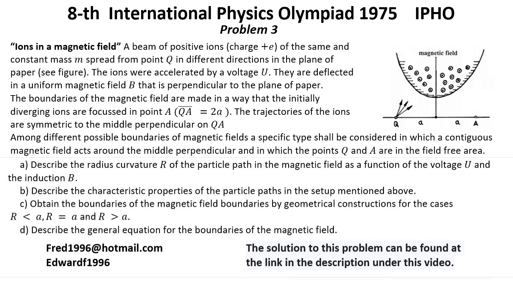Question C. Obtain the boundaries of the magnetic field, by geometrical constructions, for the cases R less than a, R equal a, and R greater than a. Question D. Describe the general equation for the boundaries of the magnetic field.